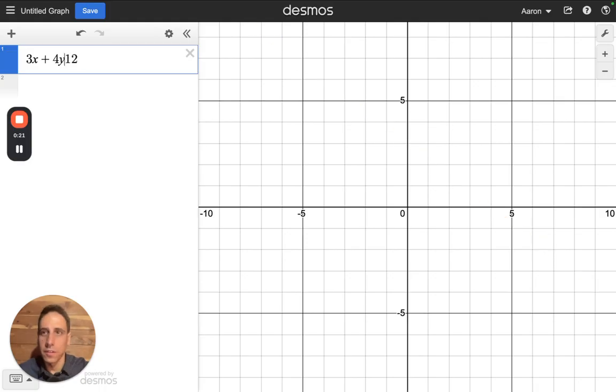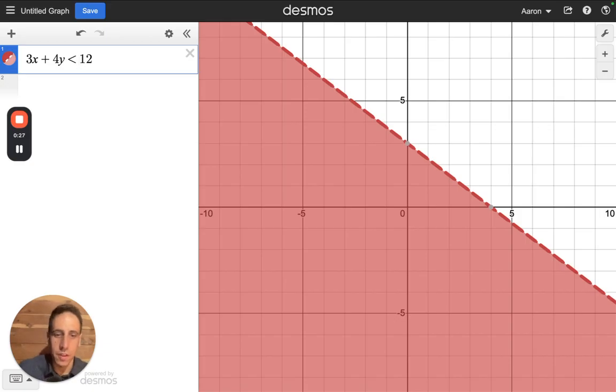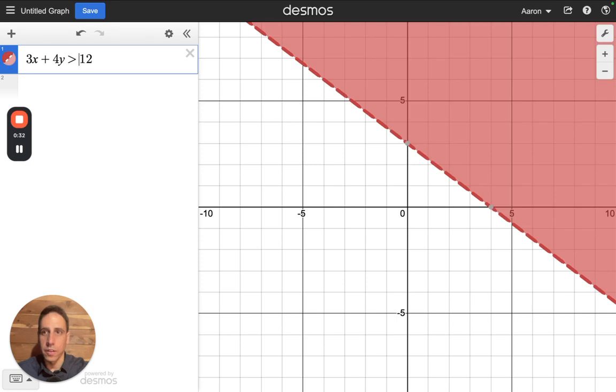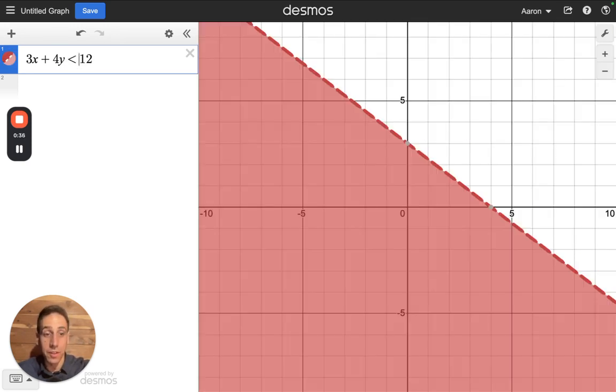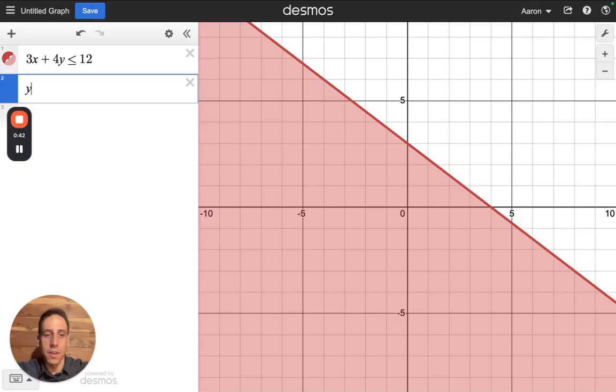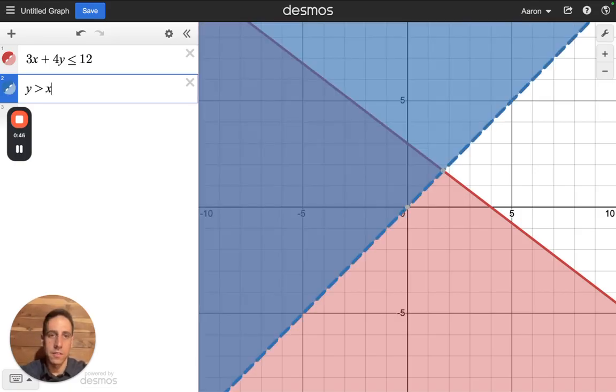I'm just going to delete this character and then type in, just right next to the M button on the keyboard, shift comma, which is less than. You could also do greater than, and here's how awesome Desmos is. You do less than and then type an equal sign right afterwards, and it turns it into less than or equal to. And then y is greater than x.